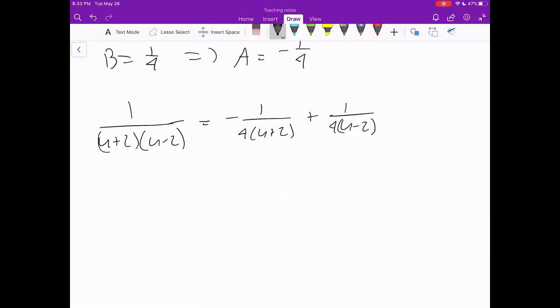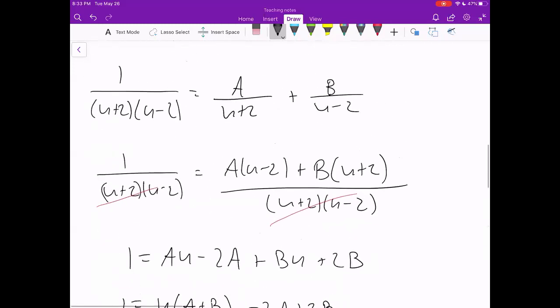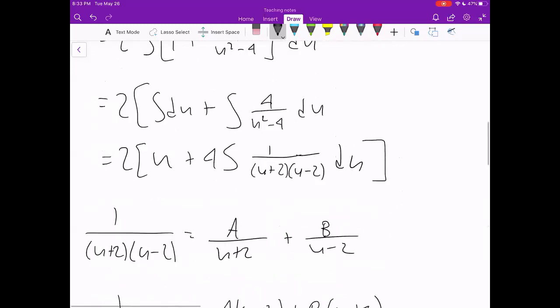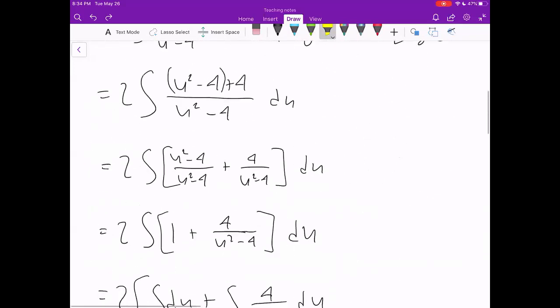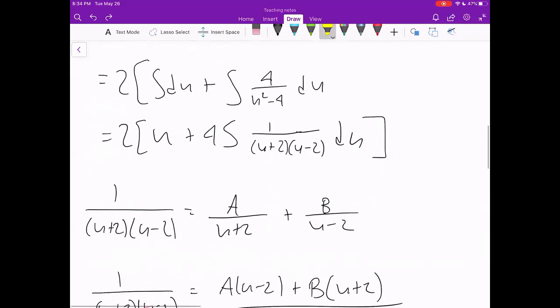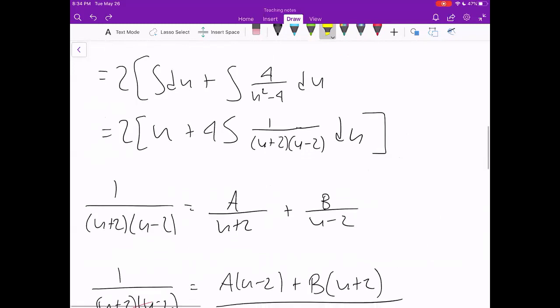So then my integral now, if I go back up and look at the integral I was doing here. I'm just going to split up that fraction using the partial fractions form I just found.